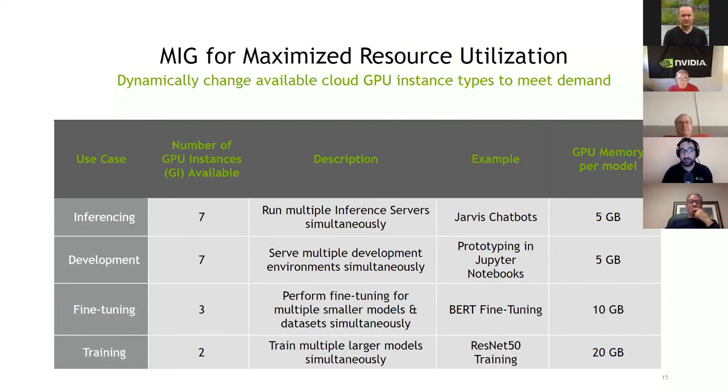When you're doing tuning or maybe light HPC, that typically takes 10 gigs, 20 gigs of GPU memory. So we recommend those profiles. And then typically when we see people training their models, it requires a lot more, and we recommend the bigger MIG devices.